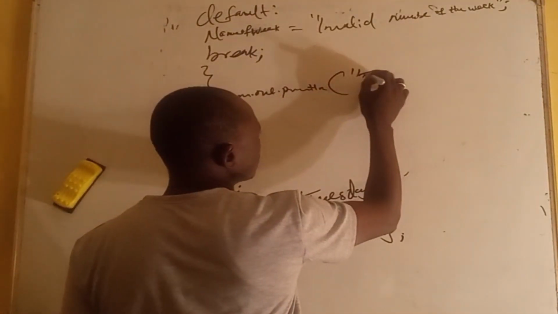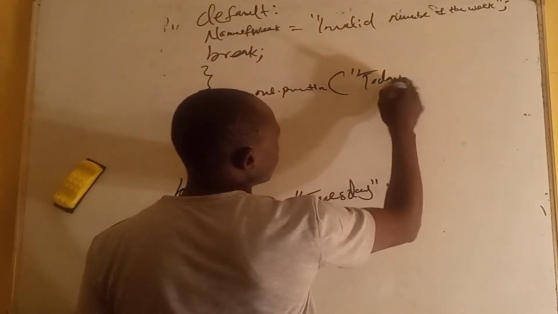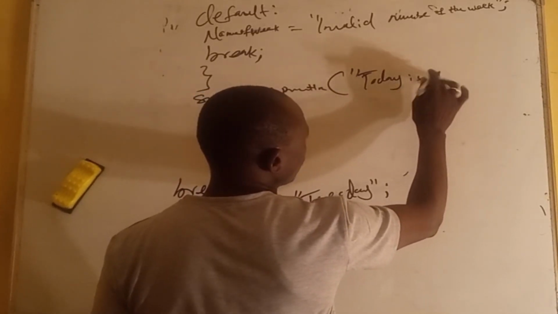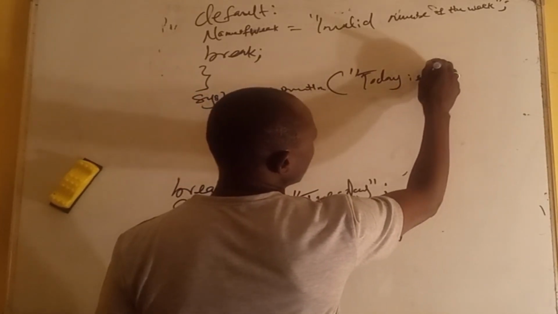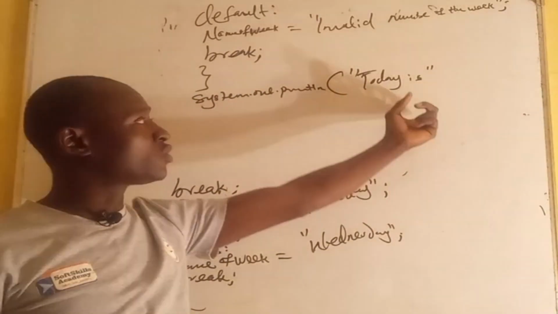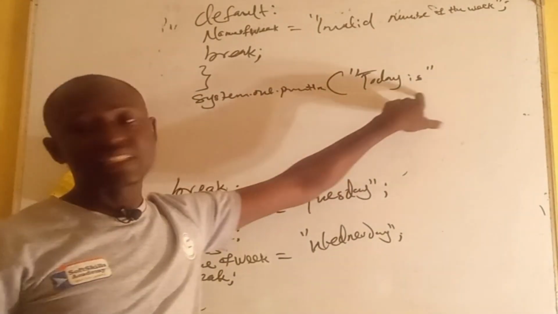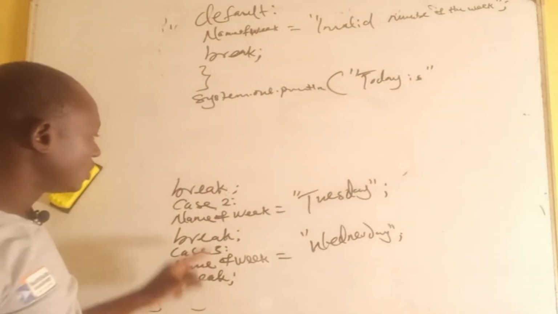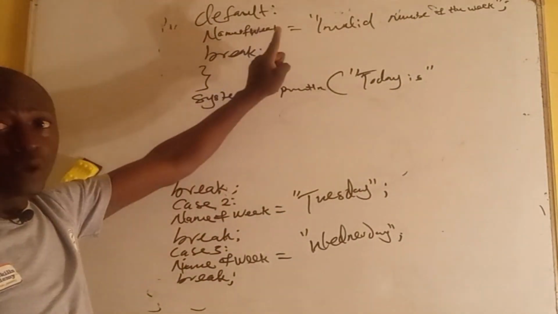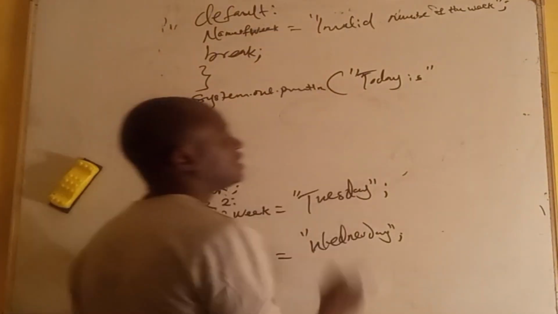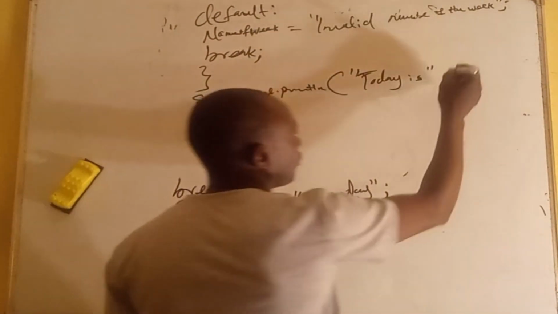Today is, we give a space, or today is, are we together? This is what I want inside a code because it's a string. So we want to concatenate it with the day of the week, right? If you remember, day of the week, what we have declared earlier.